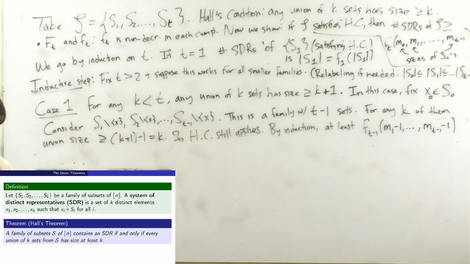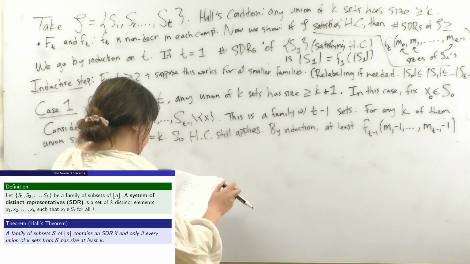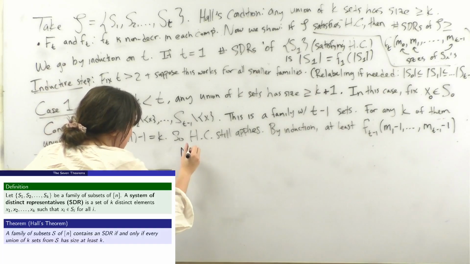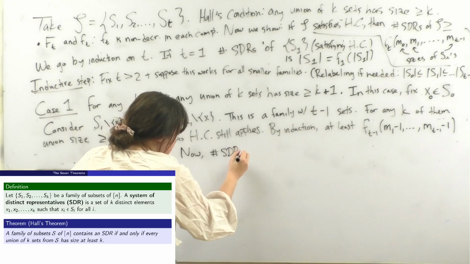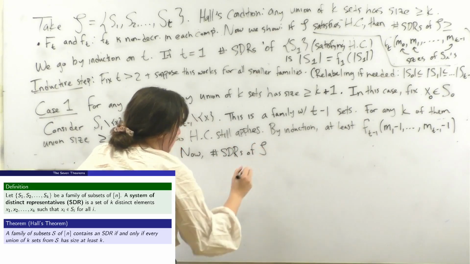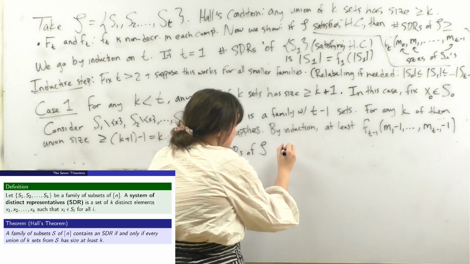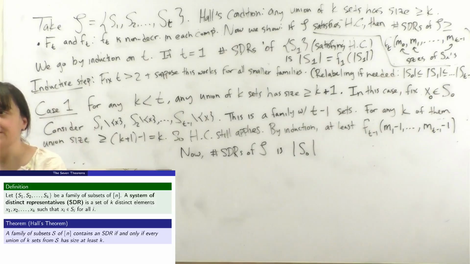And the reason why this is nice is that if I want to actually think about how many ways there are to get an SDR of my original set S, well, I have, by the product principle here, size of S naught ways that I could choose that X naught.